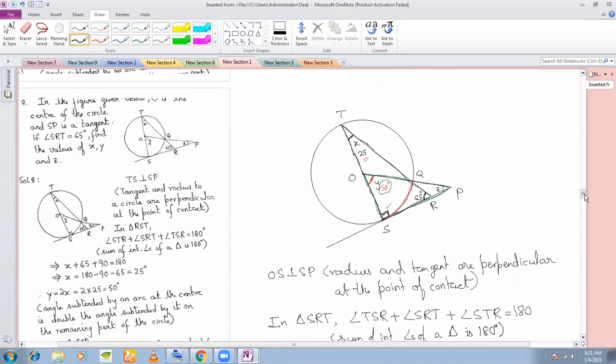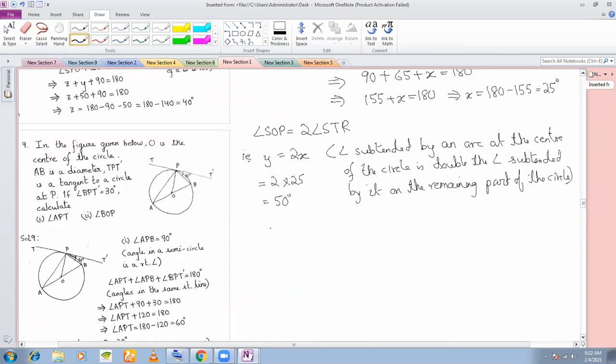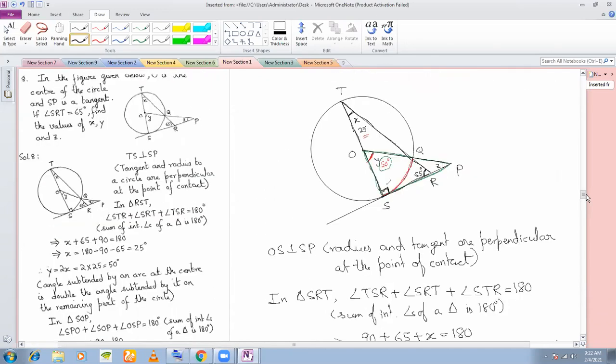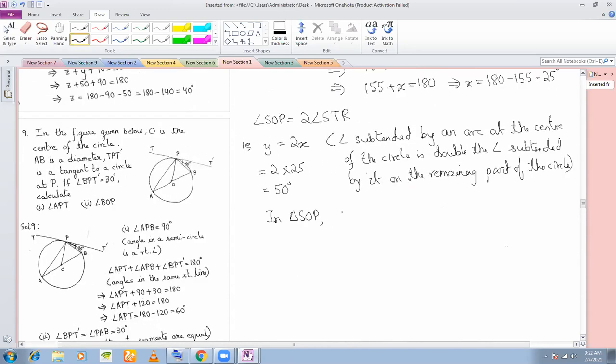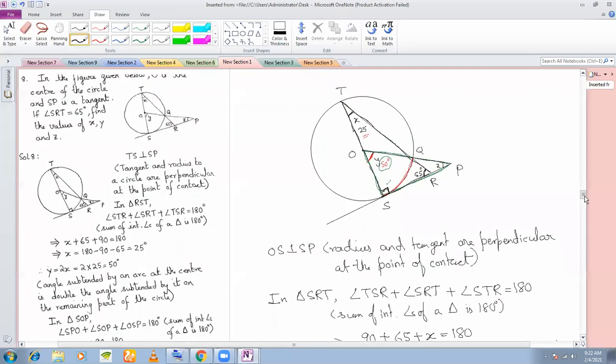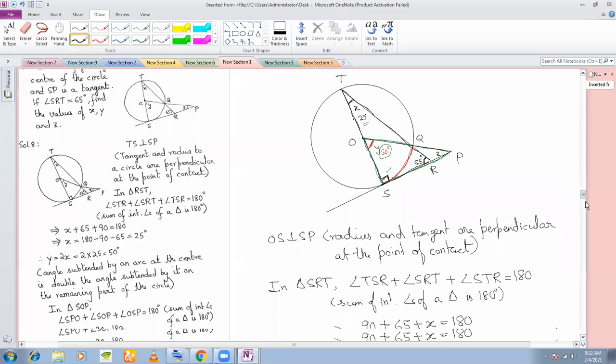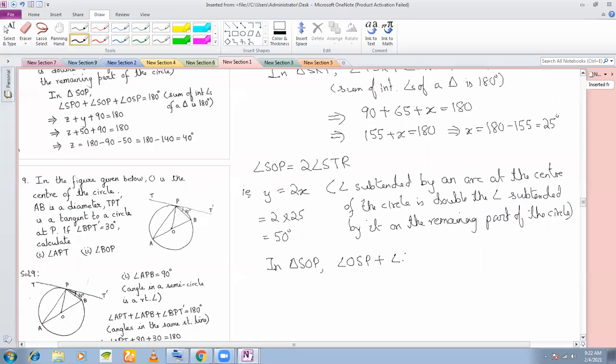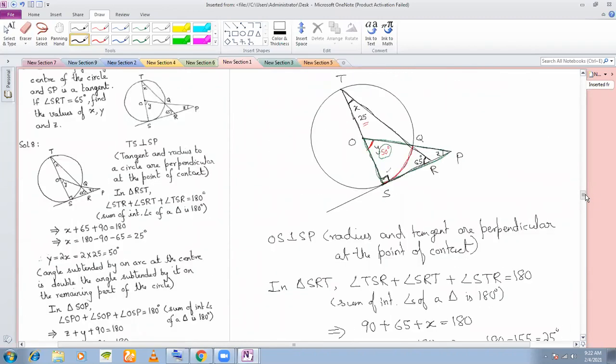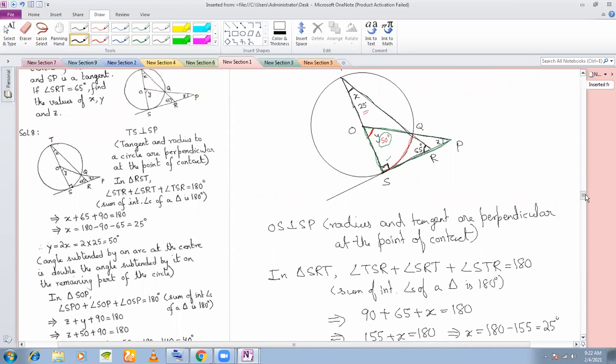So once we find out y, now we shall consider the triangle that is outlined in green. In triangle SOP, you have angle OSP, which is 90 degree. Next, you have angle SOP, which we just found out to be 50 degree. And you have the angle SPO, which is your unknown angle z.